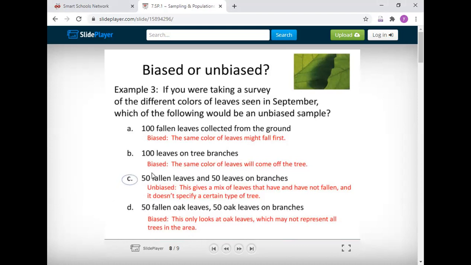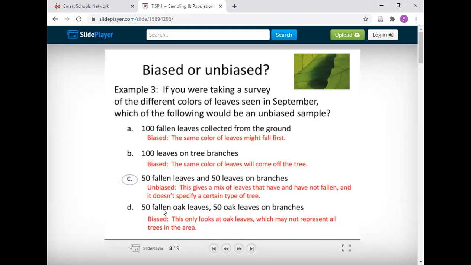We want to choose the right answer here from the choices. I have A, B, C, and D. So take your decision. Which one will be the correct answer? 50 fallen leaves and 50 leaves on branches. This one will be unbiased. This gives a mix of leaves that have and have not fallen, and it doesn't specify a certain type of tree.